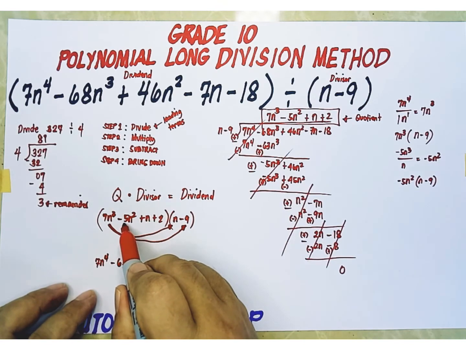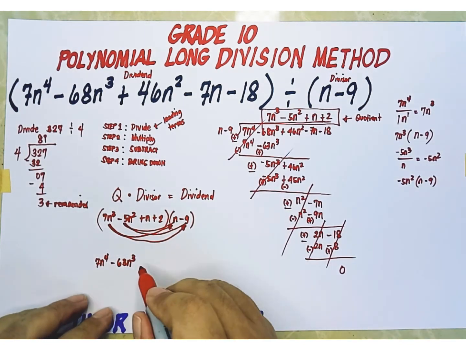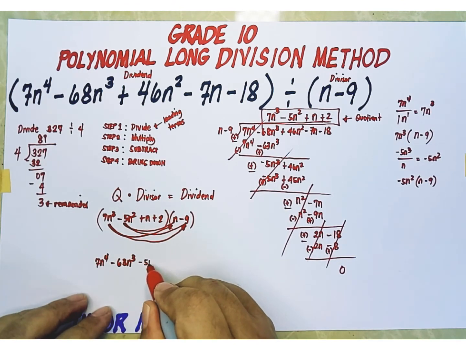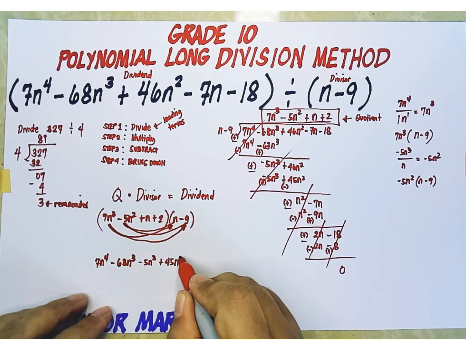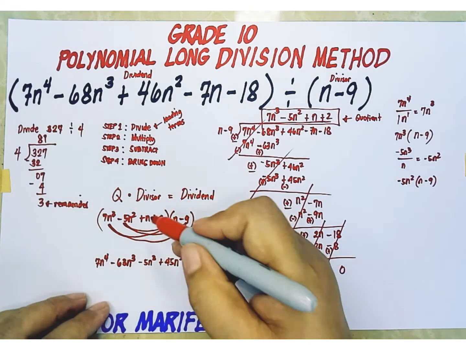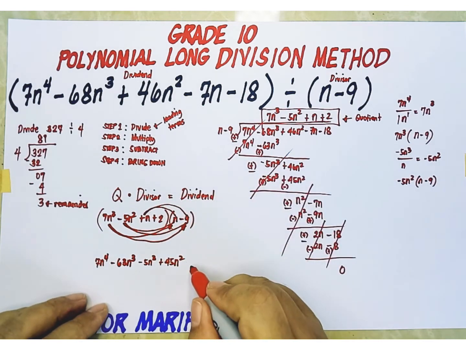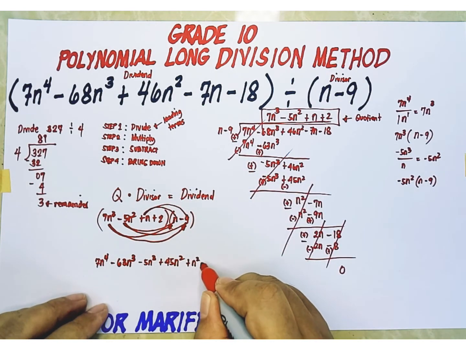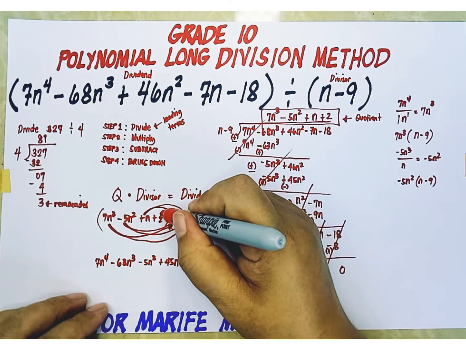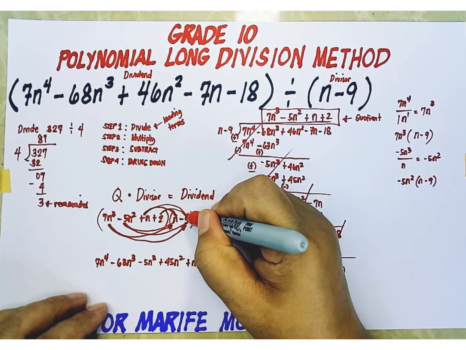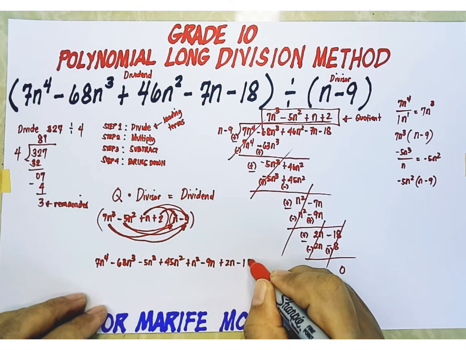Next, you distribute negative 5n squared to the binomial. So negative 5n cubed plus 45n squared. Next, distribute positive n to the binomial. That's n squared minus 9n. And lastly, you distribute positive 2 to the binomial. So that's 2n minus 18.